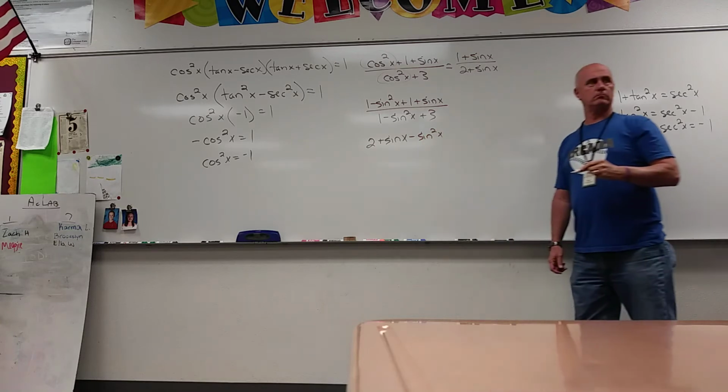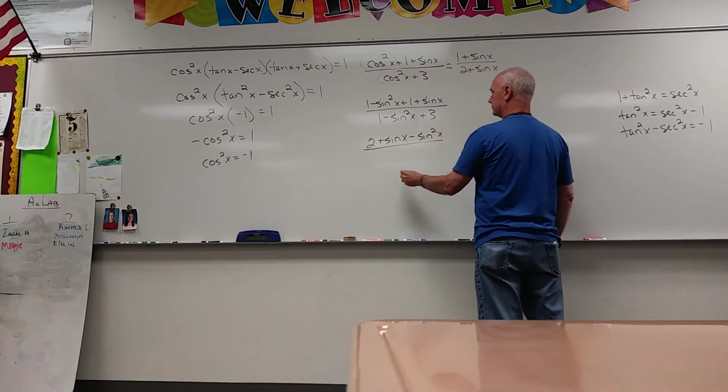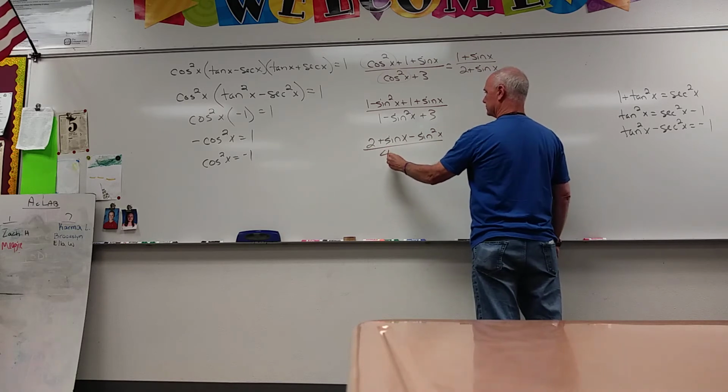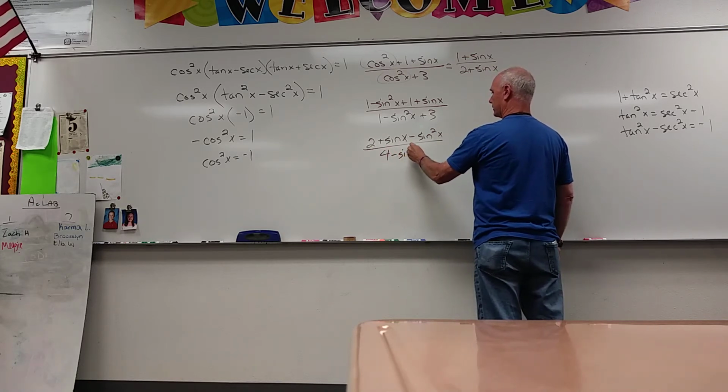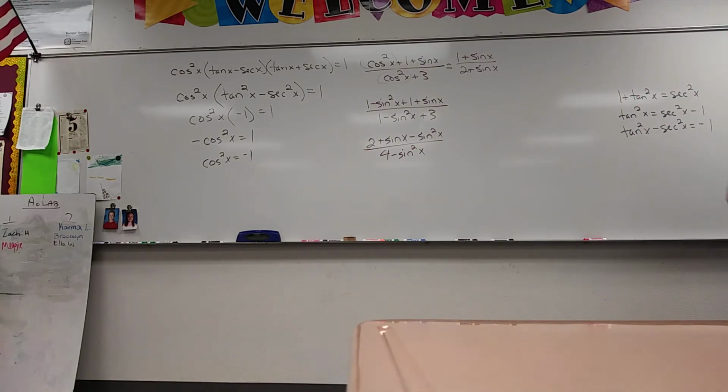Is that okay? And on the bottom, or minus sine squared of x. It's interesting because any little mistake here just blows it up. If you add wrong, or subtract instead of adding, or add instead of subtracting, all of a sudden you have no chance of this. All right. Thoughts now?